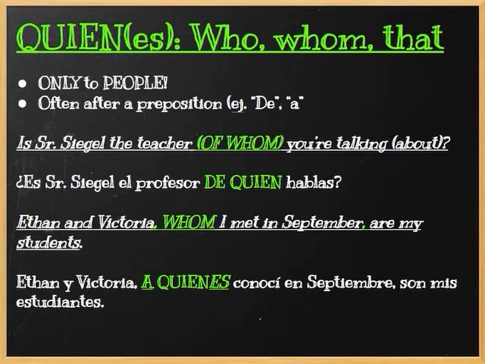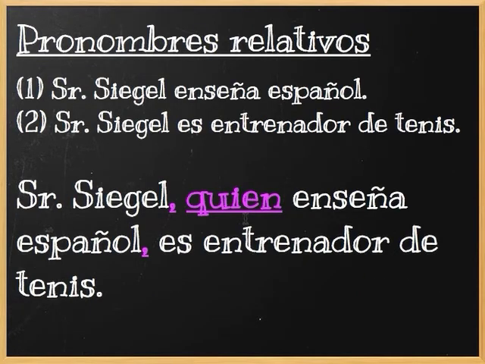So again, quién: who, whom, that. Sometimes in Spanish you can use both quién and que. If we go back to that first example, we could use quién here, or I could say Señor Siegel es un profesor que también es entrenador de tenis.